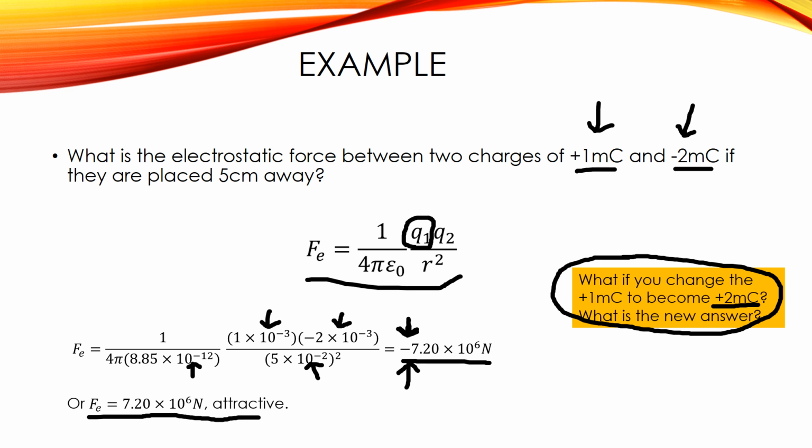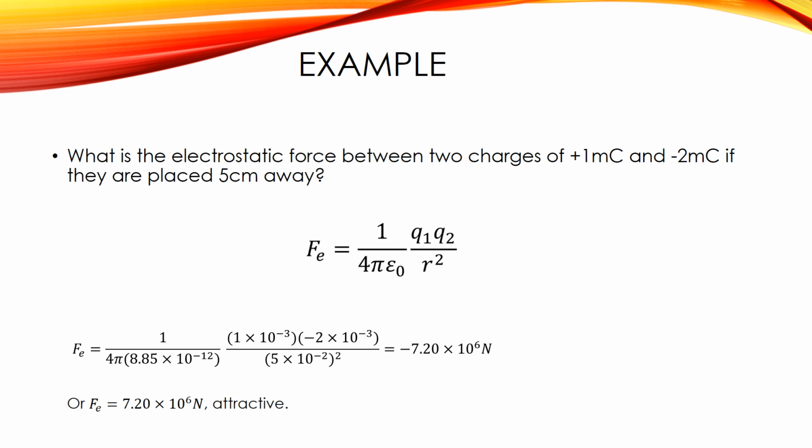If I change one of them to become twice the number, what is the new answer? It is simply double the value of negative 7.2 to the power 6. Okay, times 2, and I have my new answer, 1.44 to the power 7 Newton attractive. So Coulomb's law, Fe is directly proportional to the charge of both objects.